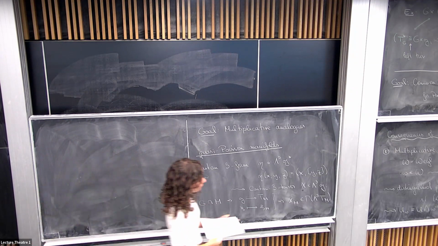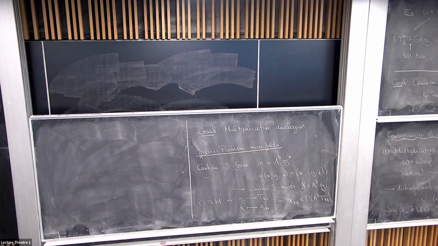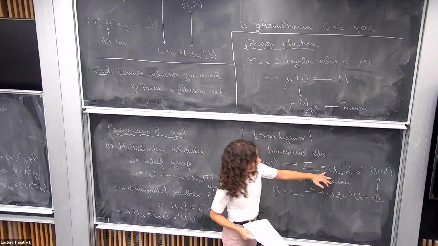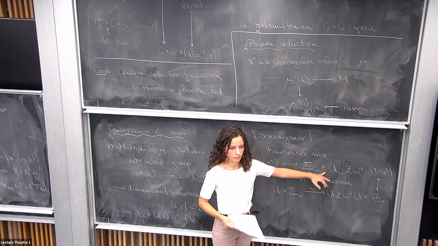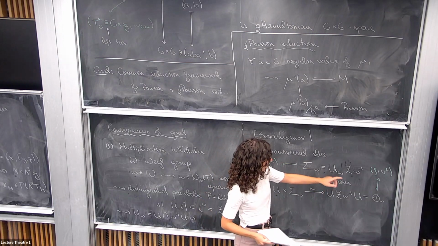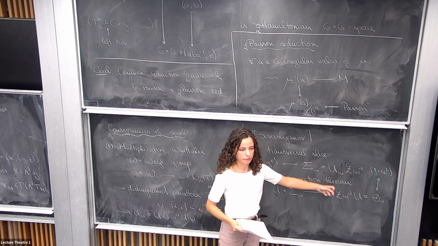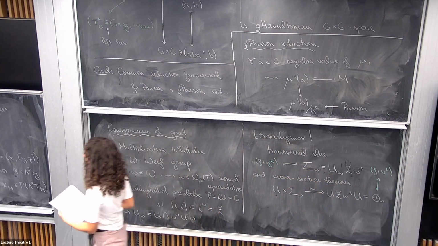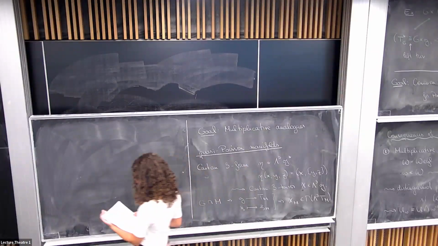The first observation is that both of these spaces are stable under the conjugation action of Z. Z normalizes U, it normalizes U sub W, and it commutes with the Weil group element representative W.